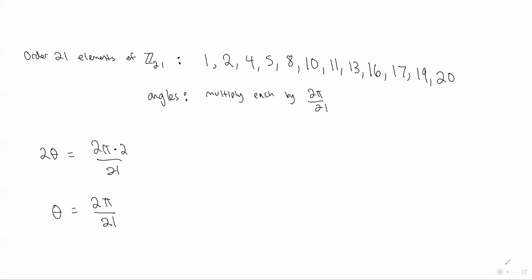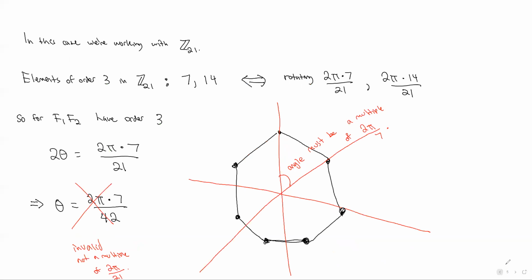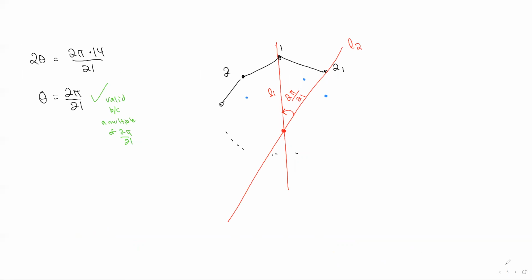Didn't we already get theta equals 2 pi over 21? I must have made a mistake. What did I do? Oh yeah, I made a huge mistake. So I wrote 2 theta equals 2 pi times 14 over 21. And then I wrote theta is 2 pi over 21. Okay, so that's a huge mistake. I'll fix that.